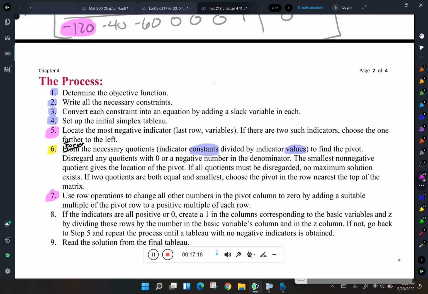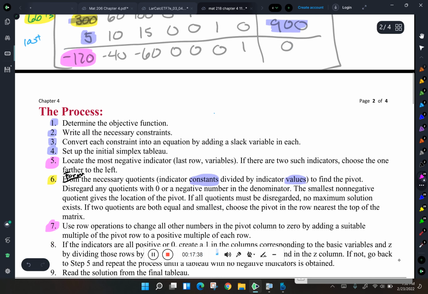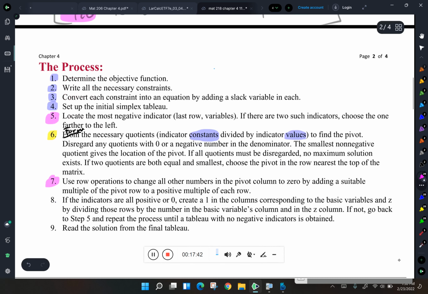Now, pivot is just a fancy way of saying we are going to use row operations to change all other numbers in the pivot column to 0 by adding and subtracting. And then once that's done, we reduce that pivot number down to 1 by dividing. In this case, we would divide through by 300. If it had been the last row, we divide through by 5, those sorts of things. All right?